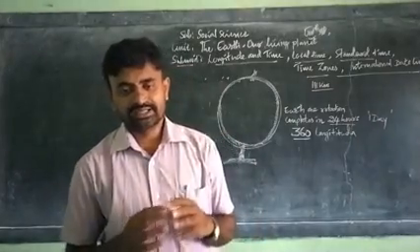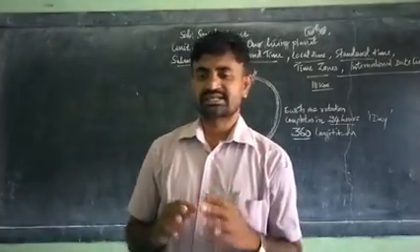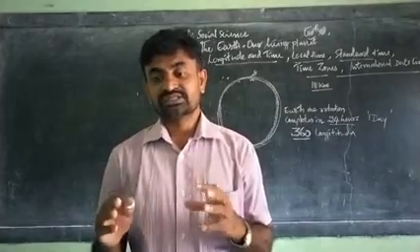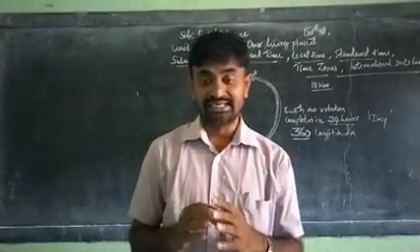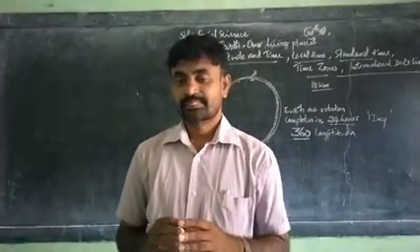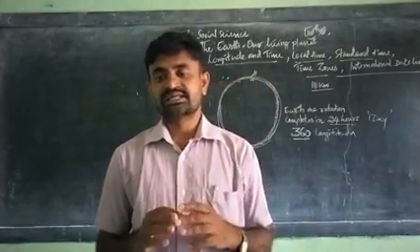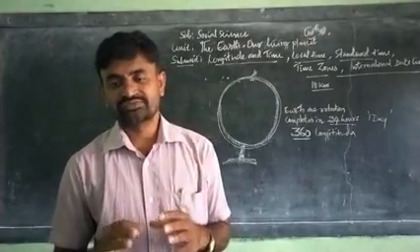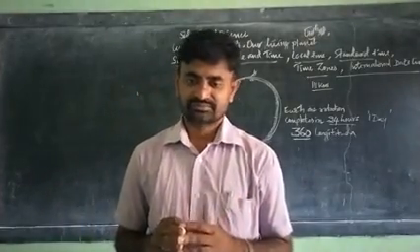So this gives rise to a time difference of 4 minutes for every 1 degree of longitude, and 60 minutes or 1 hour for every 15 degrees of longitude.